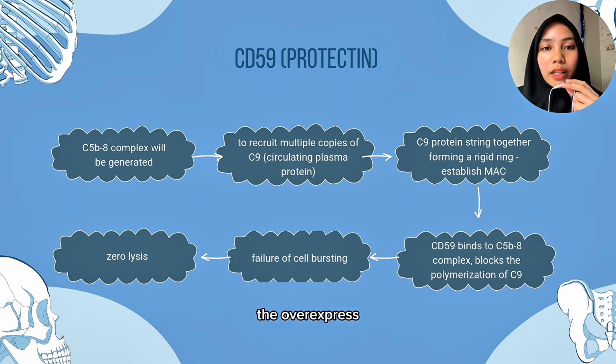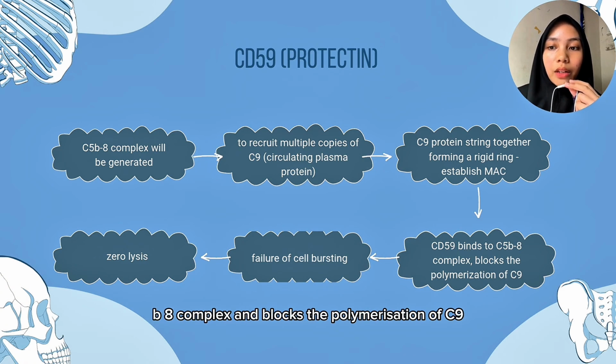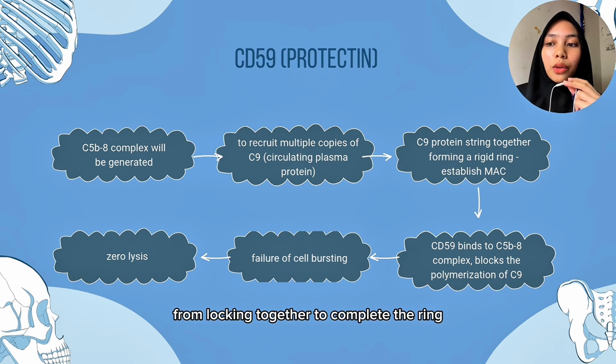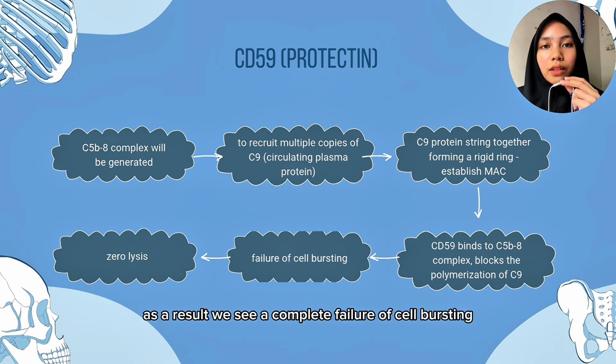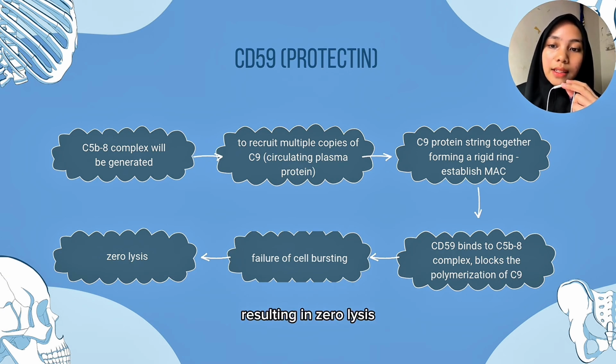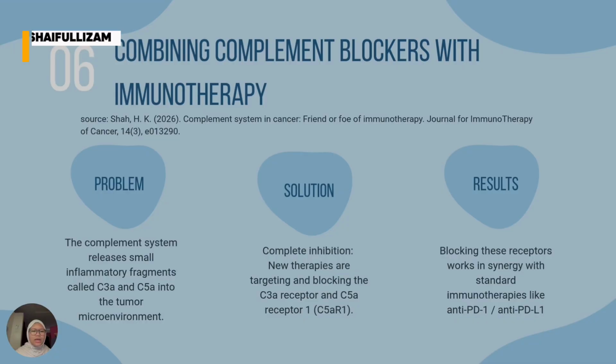However, cancer cells overexpress CD59, which will intercept the process by binding to the C5b-8 complex and blocking the polymerization of C9, eventually stopping those C9 proteins from locking together to complete the ring. As a result, we see a complete failure of cell bursting. The physical integrity of the tumor cell is maintained, resulting in zero lysis. This leads to the survival of the cancer cell.